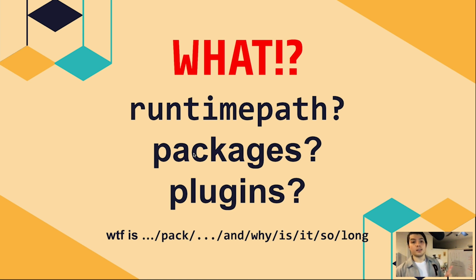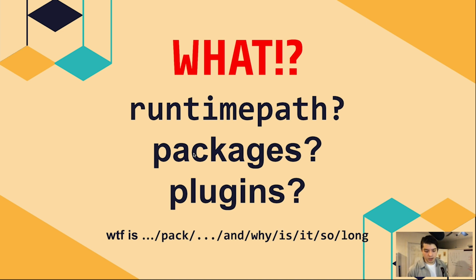Don't worry, this is exactly how I felt when I first read all this documentation, because it's so confusing. Or it can be confusing if you don't know where to look. So what is the runtime path? What are packages? What are plugins? And why is this /pack/ path so damn long? Don't worry, I'm going to clarify all of this. That's exactly what this talk is meant to do.